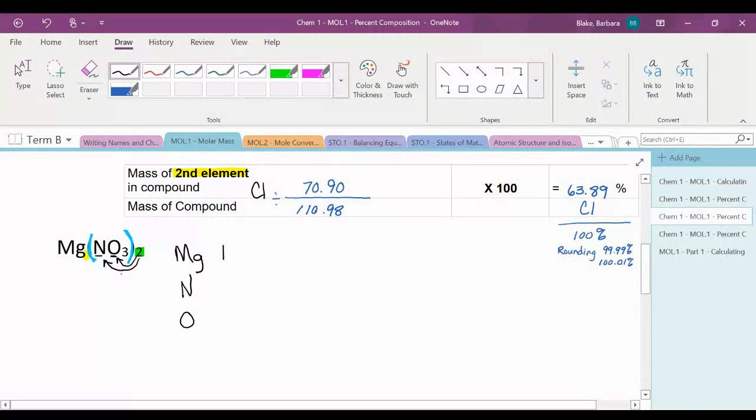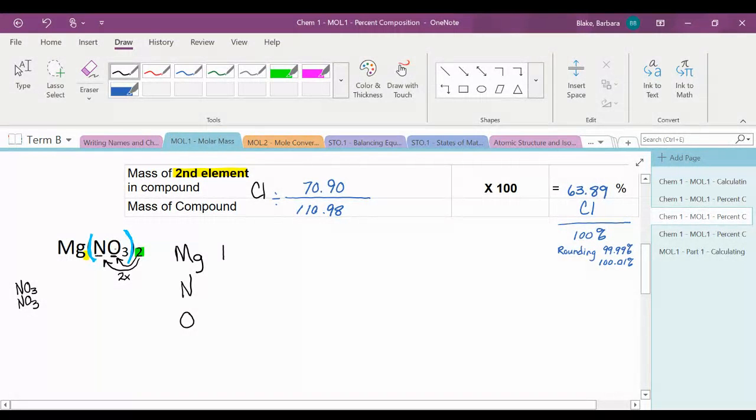And so really what that means is I have 2 times the nitrogen and 2 times the oxygen. But a second way to look at it is I have 2 pieces of NO3. So if I write out 2 pieces of NO3, it actually makes it a little bit easier to see how many pieces I actually have.